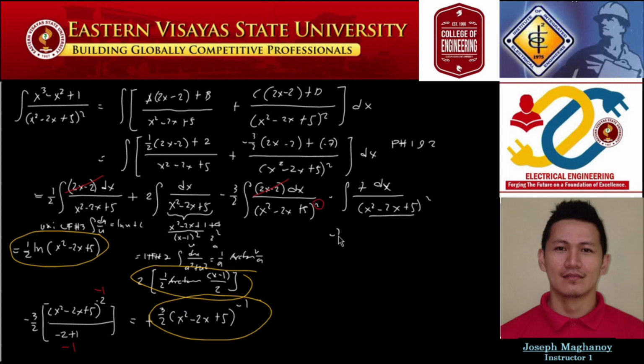That is negative 7 dx. If we factor this out, we write the constant first, that is 2 squared plus x minus 1 squared. So we can use trigonometric substitution here.